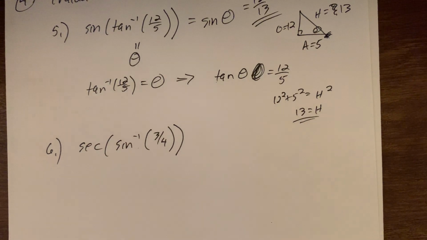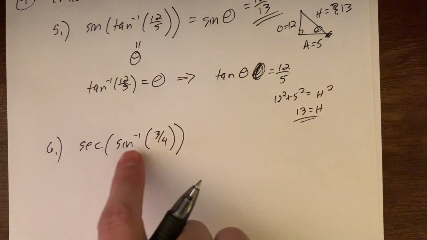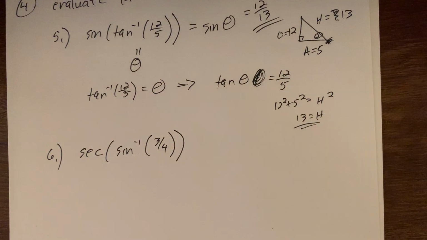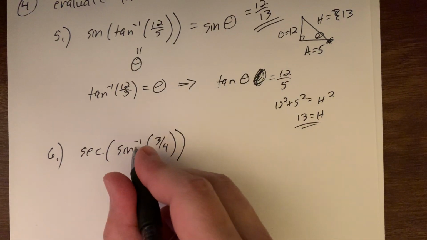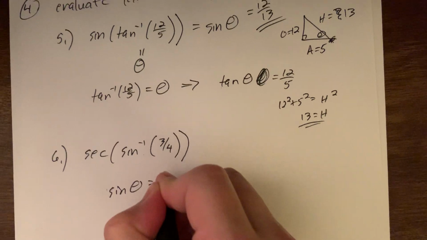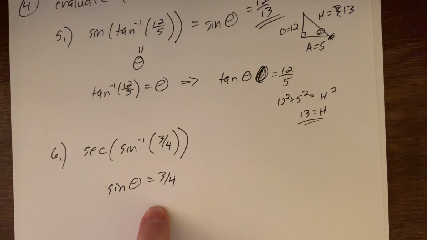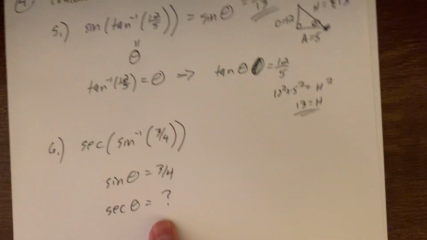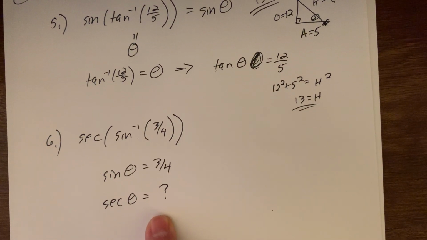Okay, this relationship I'm showing you here, when these don't match, this really relies on the inverse trig being on the inside, so we can do the same procedure. By looking at inverse sine of 3/4, well, I would know sine of theta equals 3/4, and this problem has really become, what does secant of theta equal?